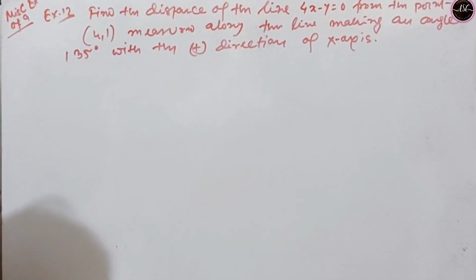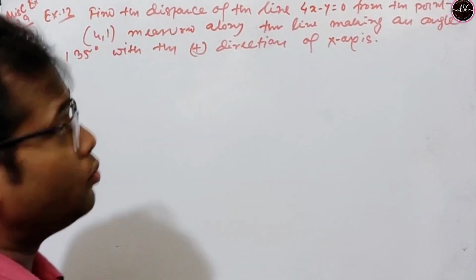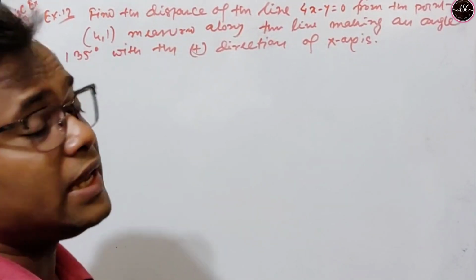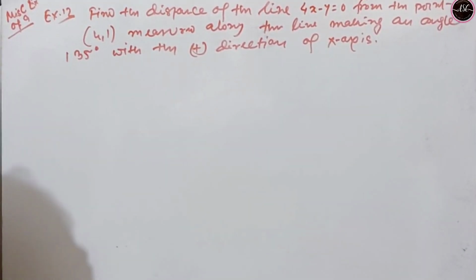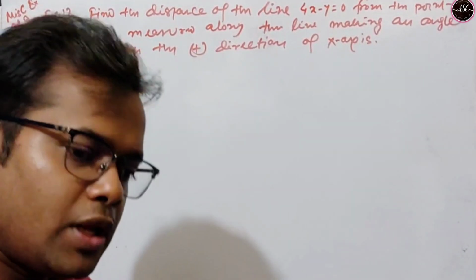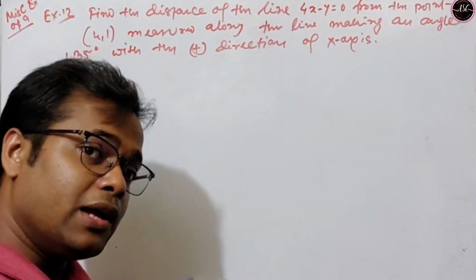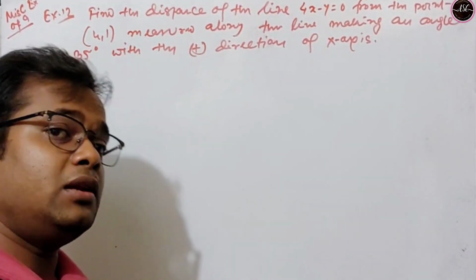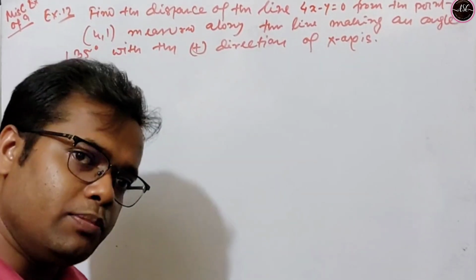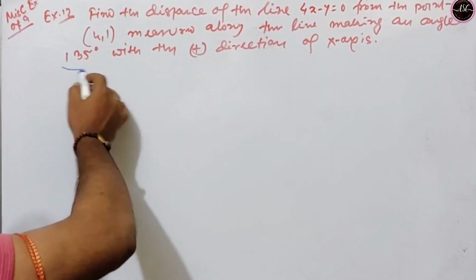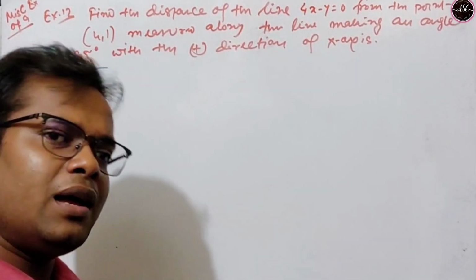Clear? Find the distance of the line 4x minus y equal to 0 from the point 4, 1, measured along the line making an angle 135 degree with the positive direction of x. Here is a line which makes 135 degree angle with the positive direction of x, that means the inclination of the line is 135. So we first find the equation of the line.